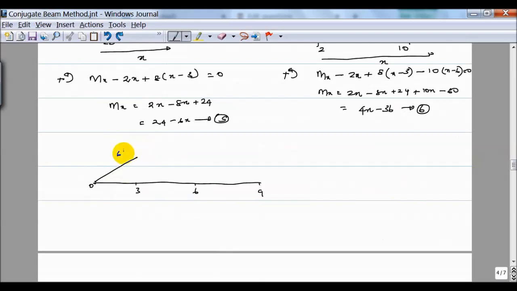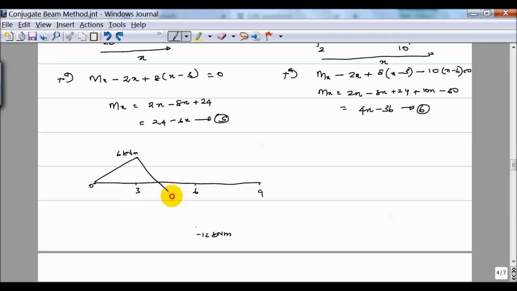Between 3 to 6, equation 5 is valid. If you substitute 3 here, you get 6. If you substitute 6 here, it's 24 minus 36, that is minus 12 kilonewton meter. Let me draw. The drawing on this tablet is a bit challenging, but I'll try.